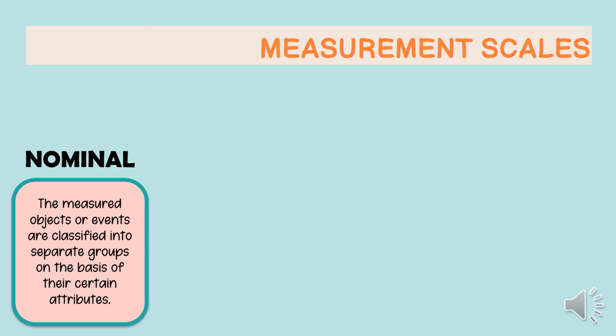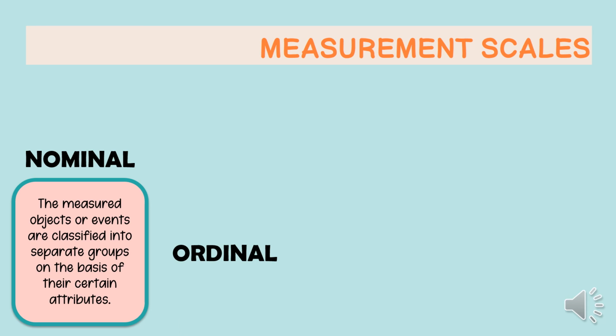Like for example, we use number 1 for female and number 2 for male. Okay, so regardless of the number, the male is 2 and the female is 1. So the numbers have no real meaning because it is only used in differentiating male and female. So that is nominal.